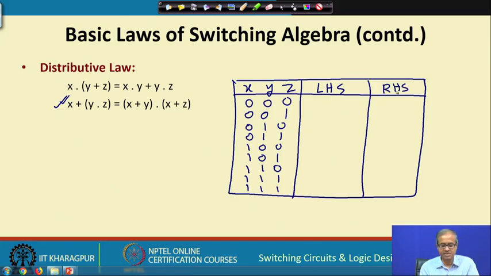So, you can step by step see. First we are doing y and z, then we are ORing it with x.